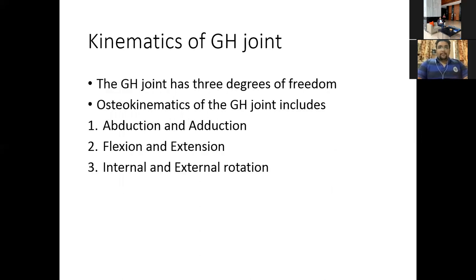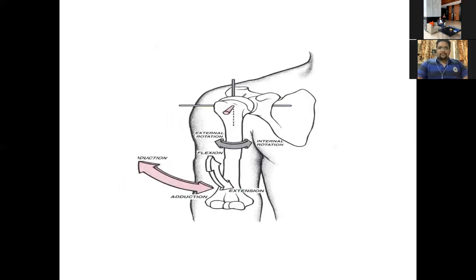The osteokinematic motions that the GH joint offers are abduction and adduction, flexion and extension, and internal and external rotations. Now, these are the movements: flexion, extension, abduction, adduction, external and internal rotations.